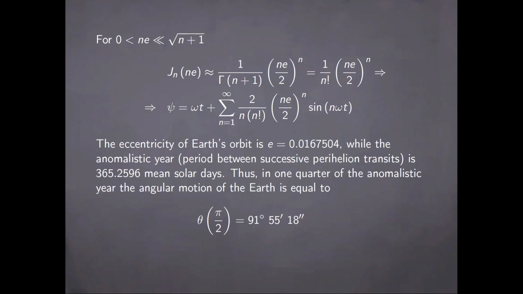Now, in the case where the argument of the Bessel functions obeys this condition, so loosely speaking, for small arguments, then the Bessel function can be approximated as a power function.